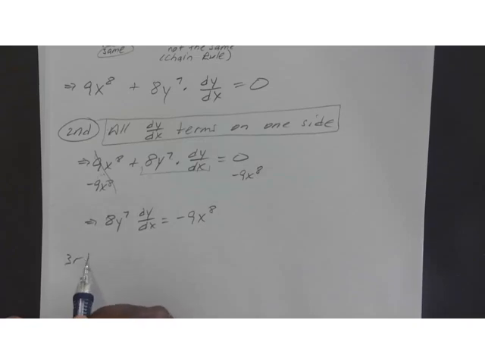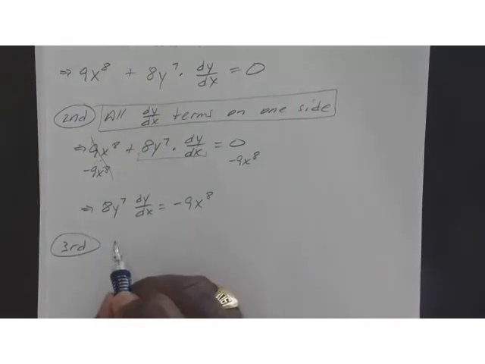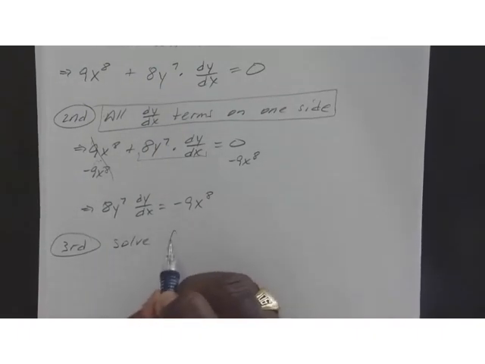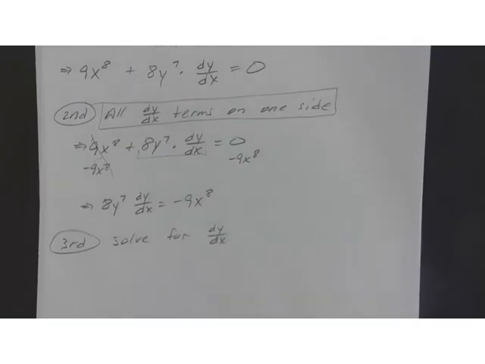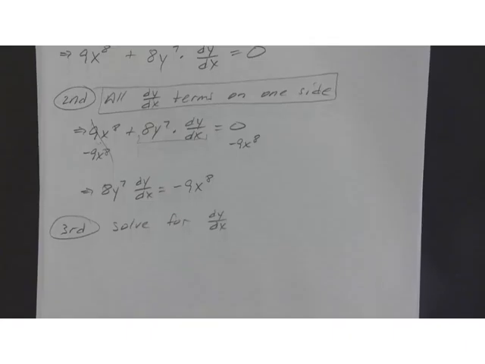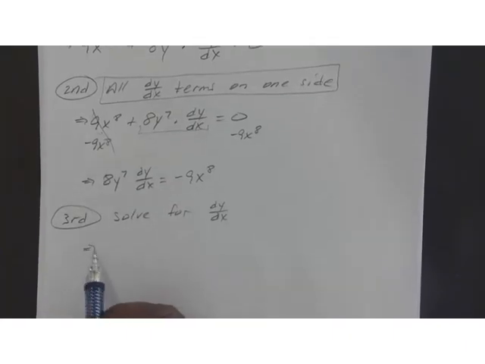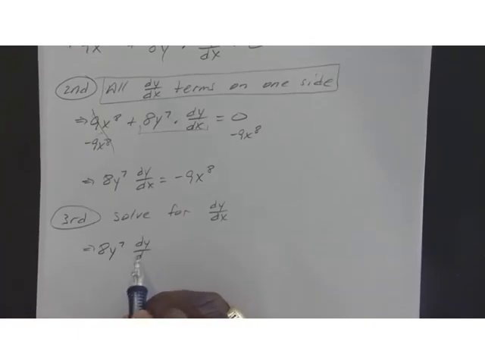Which brings us to our last step. Since there's only one term, you don't have to factor out a dy dx. So here, we can just solve. So 8y to the 7th power times dy dx is equal to negative 9x to the 8th power.